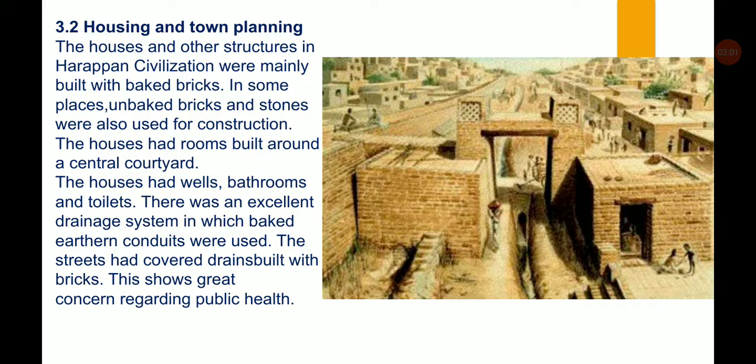The houses and the rooms were built around a central courtyard. The houses had wells, bathrooms, and toilets. There was an excellent drainage system in which baked earthen conduits were used. Conduit means a channel for conveying water or other fluid.